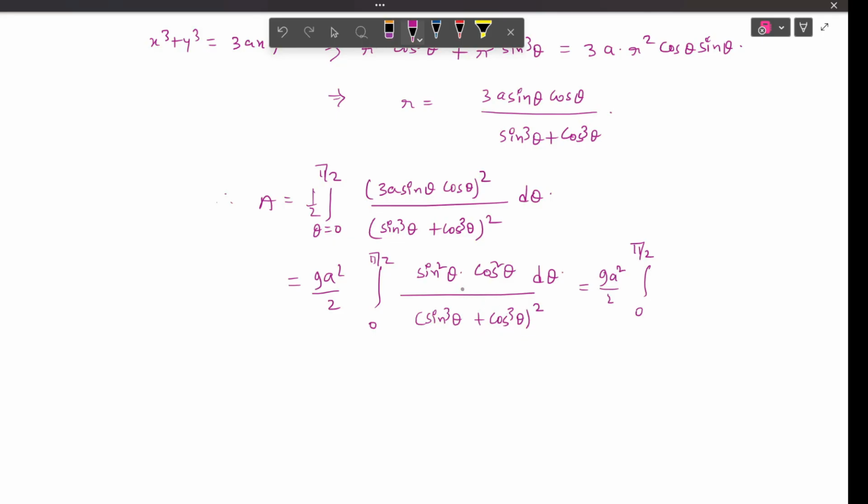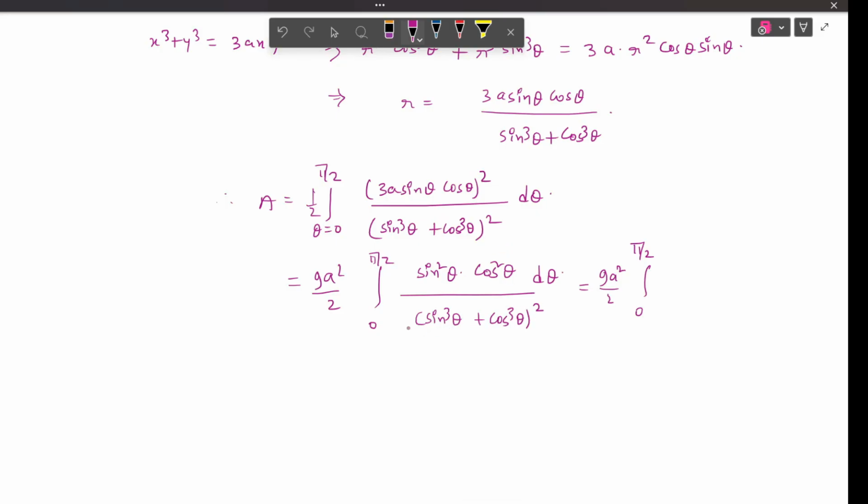If we take cos cube theta common from the denominator, it will be cos to the power 6 theta.